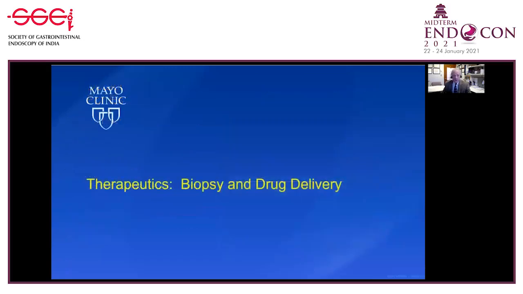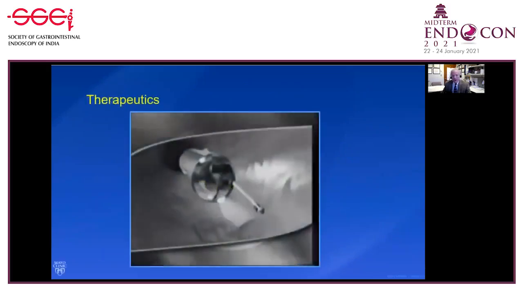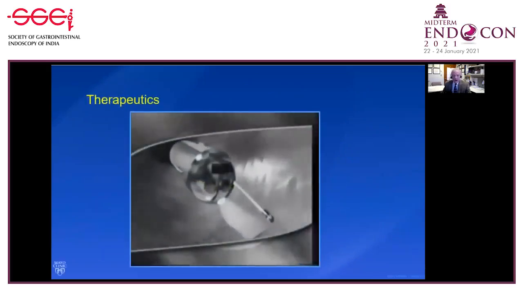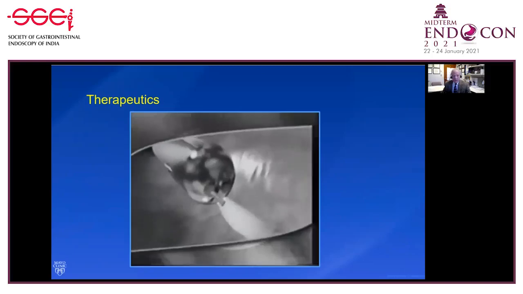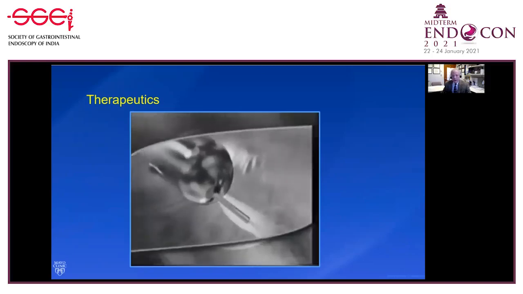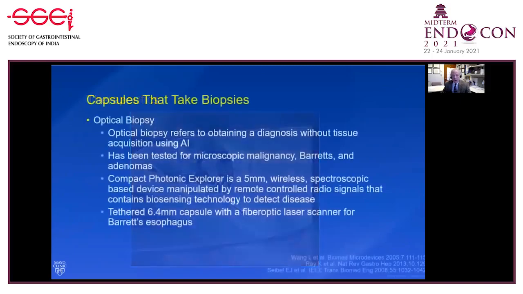So what about therapeutics such as biopsy and drug delivery? Also very exciting. Imagine if you could have a capsule that could be remotely controlled to deliver therapeutics wherever you want, and that's being looked at. You first should know about optical biopsies, where a diagnosis is obtained without tissue acquisition using artificial intelligence, and it has been tested so far.